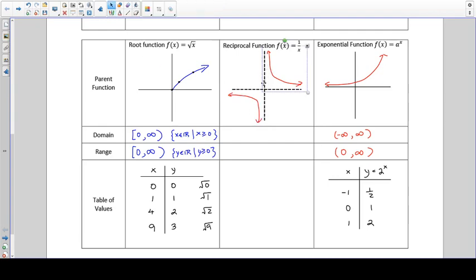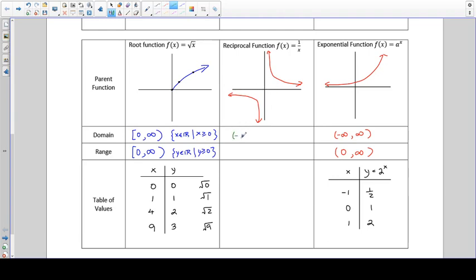All right, and just give me a second. Like that. Okay. So again, you cannot be at 0.